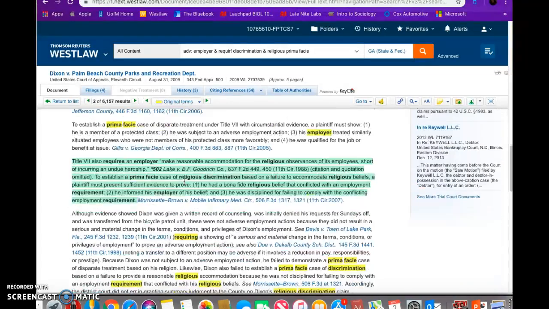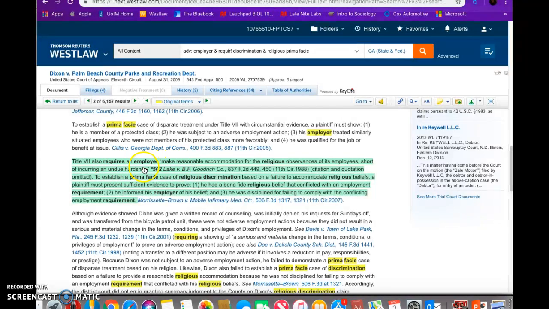I've already highlighted the areas that I need to reference for the question that Ms. Johnson wants us to answer. What this reads: Title VII also requires an employer to make reasonable accommodation for the religious observances of its employees, short of incurring an undue hardship.